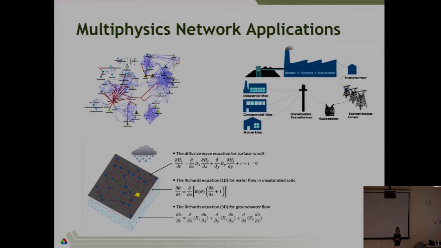Traditionally, engineers simulate one system and then send the solution to the next one, like a transmission line, and then get the solution and send it on. That's the traditional way of simulating multiphysics. Now, with the rise of powerful machines and software, we want to solve all of them together as a coupled system. That's the motivating application.